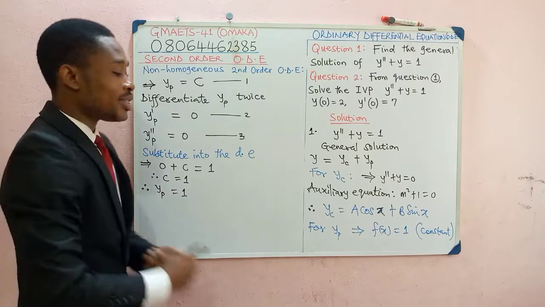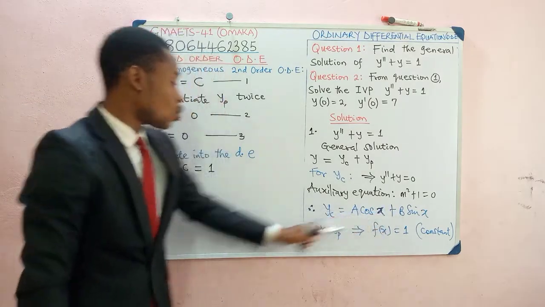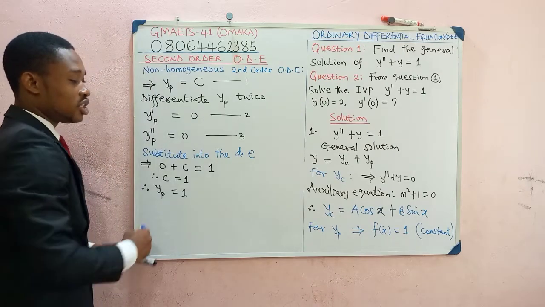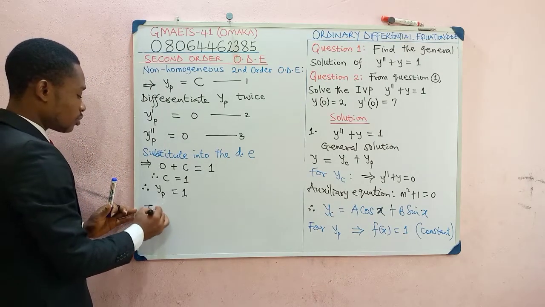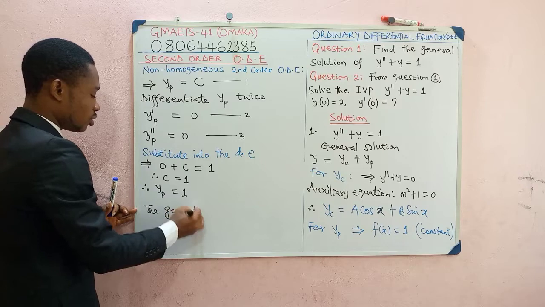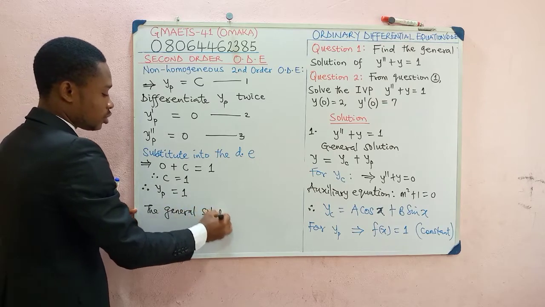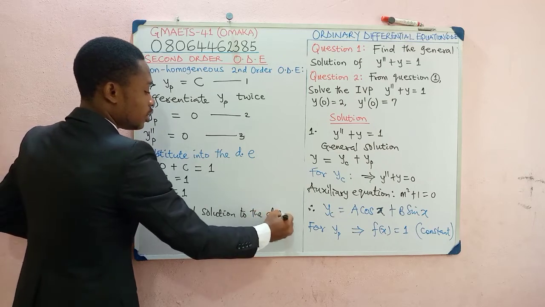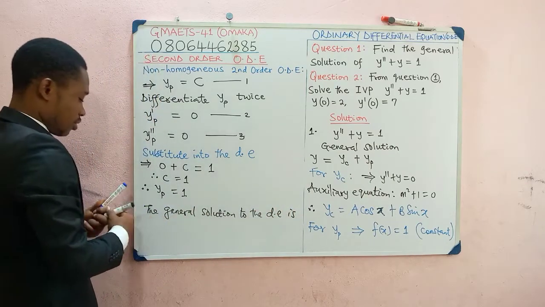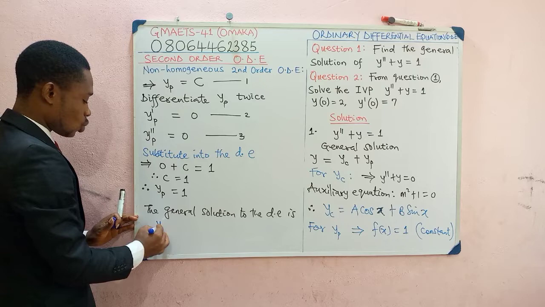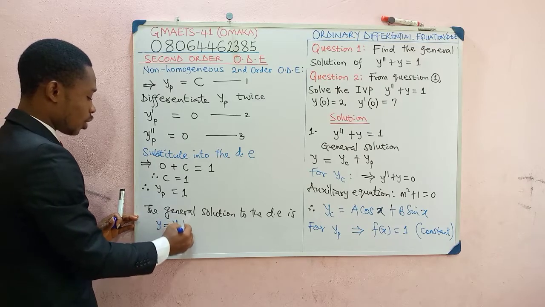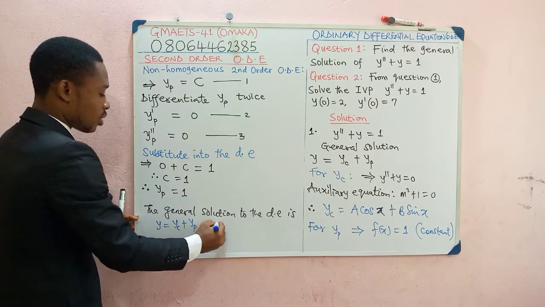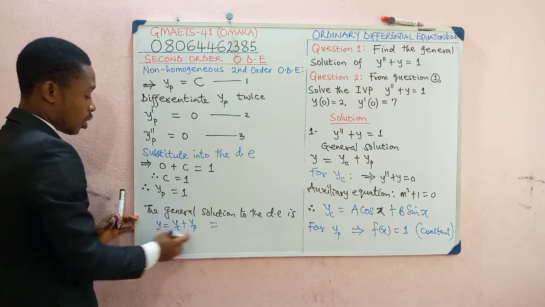We have obtained yc, and we have also obtained what? Yp. The general solution to the DE is, let me use my blue marker. Remember, it's y equal to yc plus what? Yp. So that will now be equal to, what is our yc?